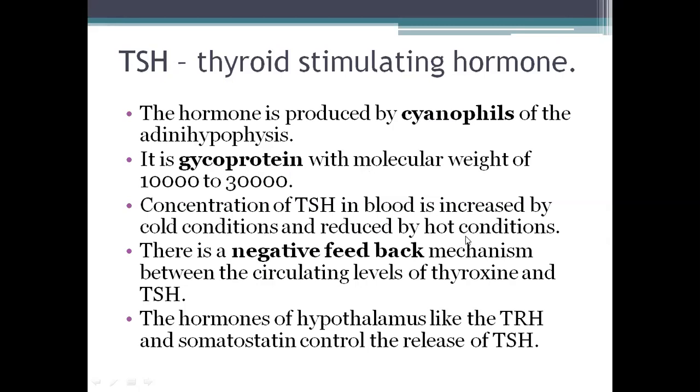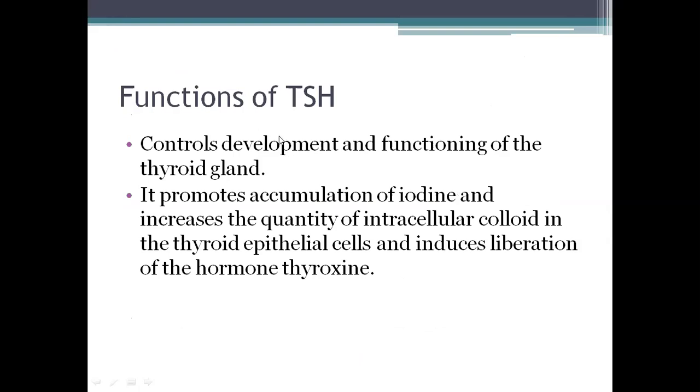Under hot conditions of the body, there is less production of TSH. Remember this. Now, it is again controlled by the releasing hormone, TRH, thyrotropin releasing hormone, while somatostatin has an inhibitory effect on the production of TSH.